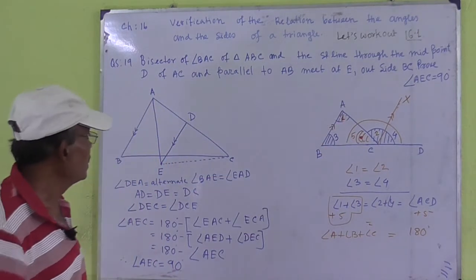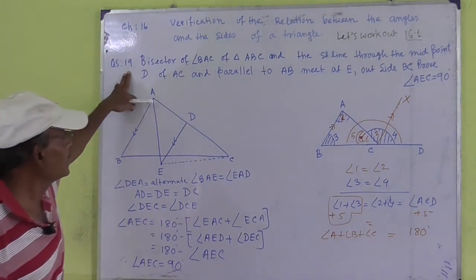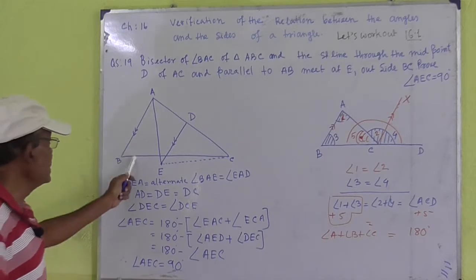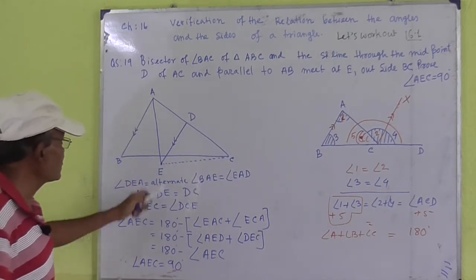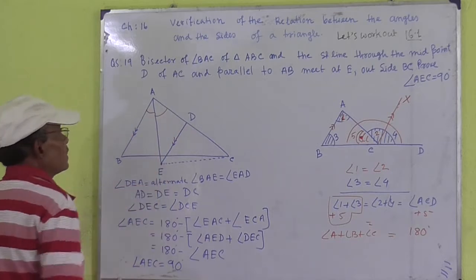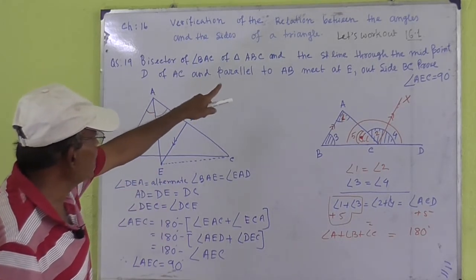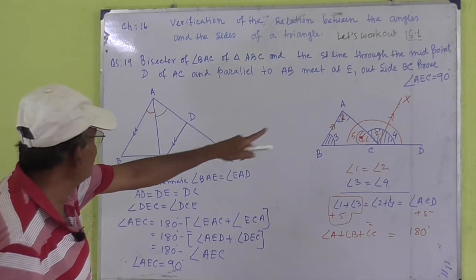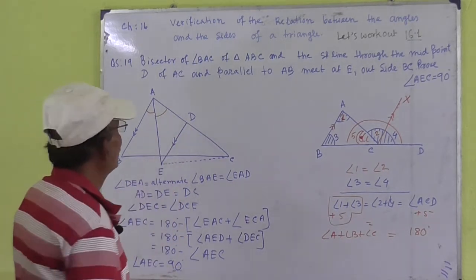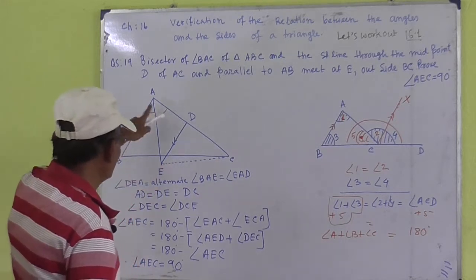Clear? Here, the problem is question number 19. The bisector of angle BAC, this is the bisector, that means this angle equals this angle. The bisector of angle BAC of triangle ABC and the straight line through the midpoint D of AC and parallel to AB.